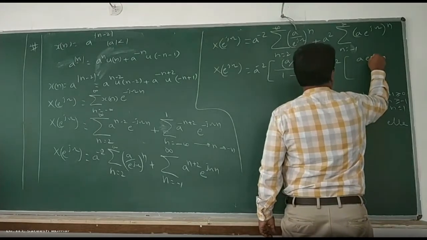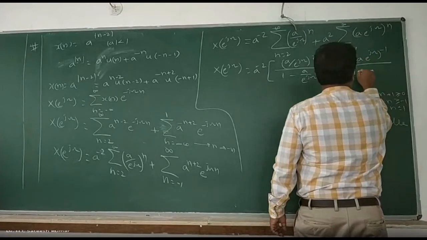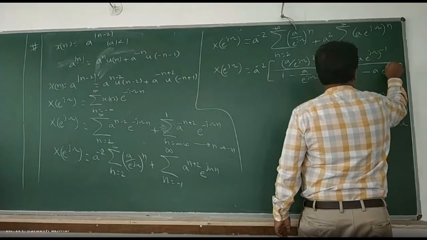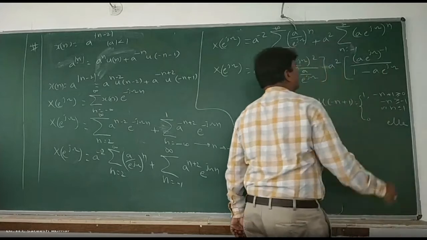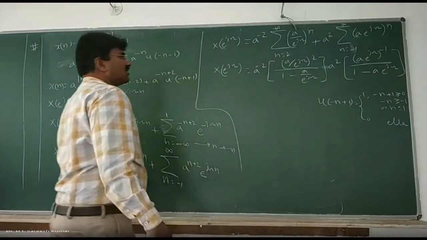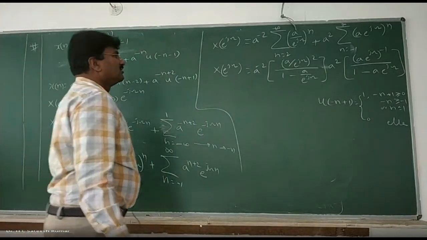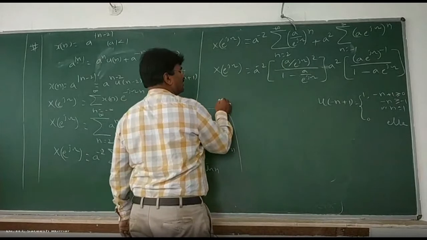A into e to the power of j omega whole to the power of minus 1 divided by 1 minus a into e to the power of j omega. Okay, right. Further, if you want, you can simplify, or you can stop at this level itself. You can simplify to a certain extent.